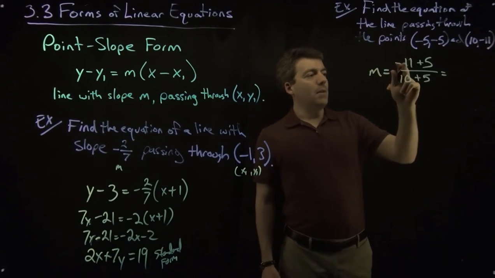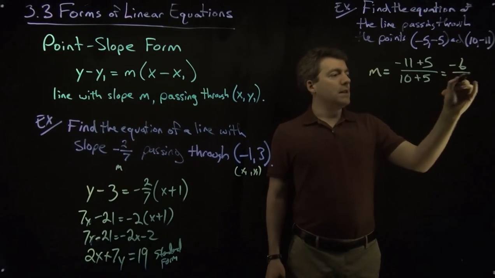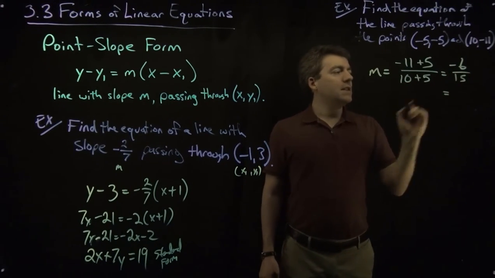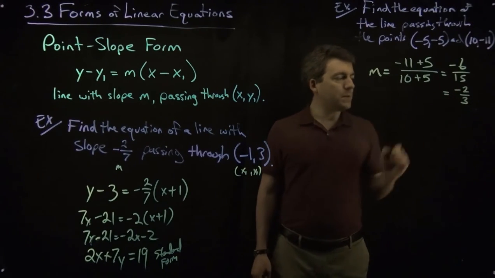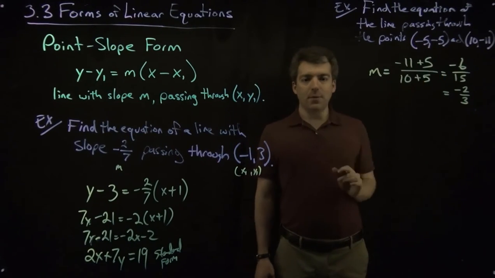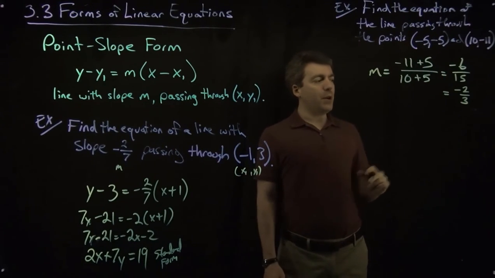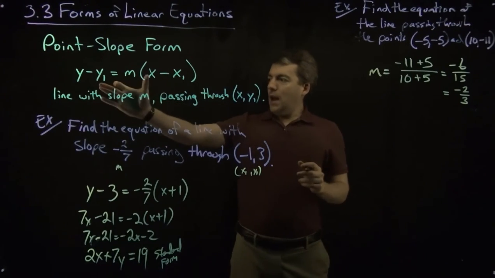So we have negative 11 plus 5 is negative 6, and then 10 plus 5 is 15. Simplifies just a little bit, we get negative 2/3. So we found the slope of the line passing through those 2 points, negative 2/3. And now we can use this formula, and we just need a point.